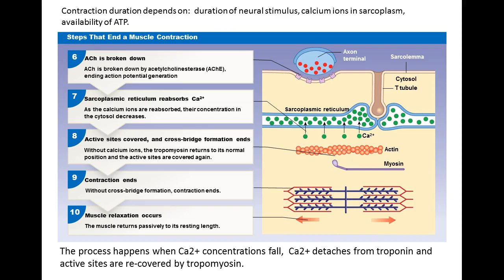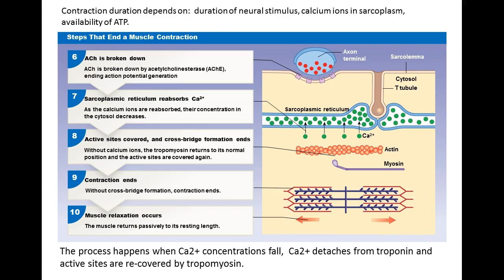Remember, the sarcoplasmic reticulum is the bluish open network, kind of like a lace apron, that extends from the Z line to the Z line, and at the Z line of the sarcomere you have these T tubules. So that calcium is taken back up again and waiting for the next contraction.